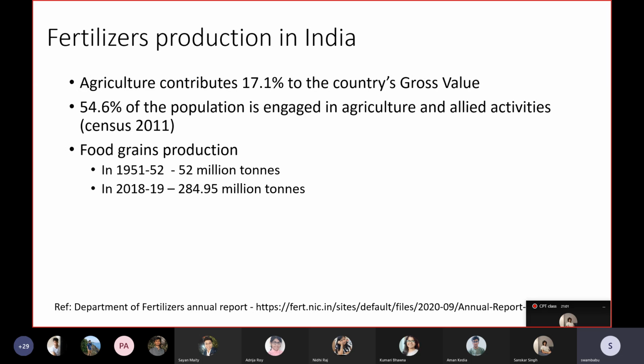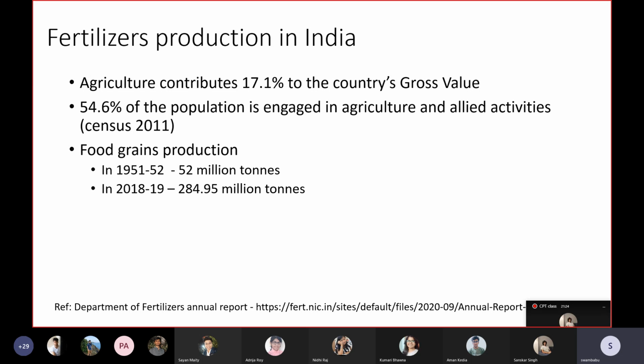Now, food grains production is also increasing year by year in our country. When we got independence, we used to produce close to 52 million tons of food grains annually.